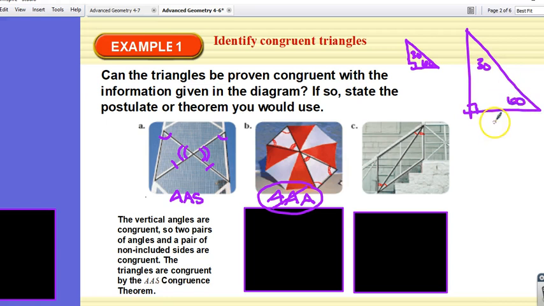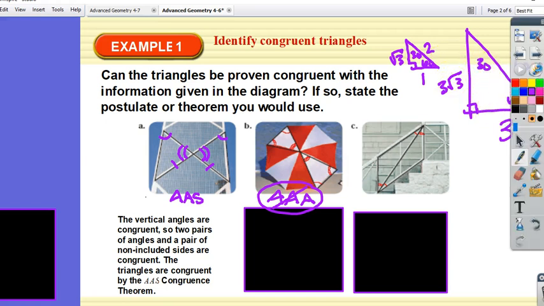Right? Maybe this one has side lengths of 1, 2, and square root of 3, or maybe this one is 3, 6, and 3 root 3. Right? So they're two different sizes of the same angles. So we cannot prove congruence based on angle, angle, angle.